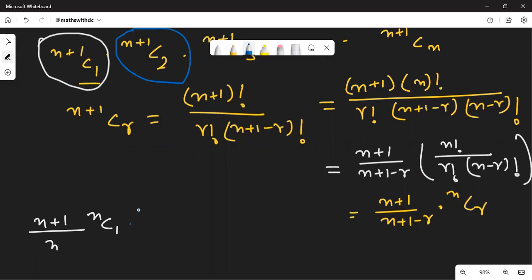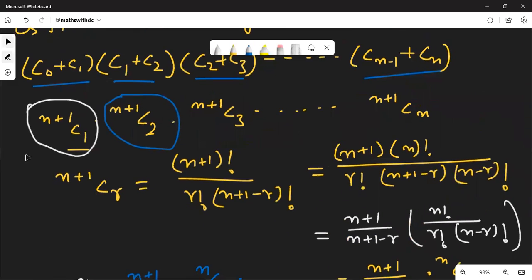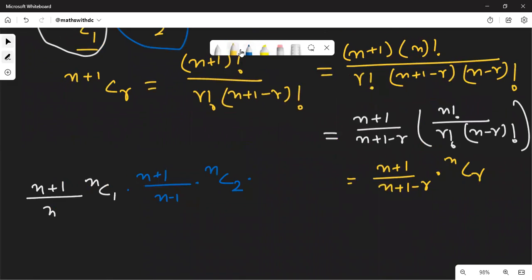So that would be n plus 1 divided by, in place of r, we are going to write 2. So n plus 1 minus 2 is n minus 1, and times nC2. Similarly, the third one you can write, look here. The third one is n plus 1 C3. So you are going to put r equal to 3 here.